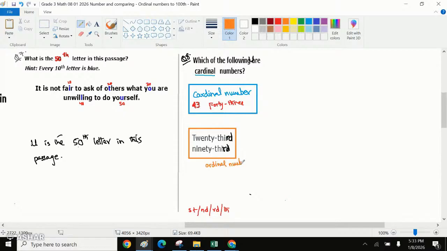Okay. We just need to find the cardinal, but we are trying to define the ordinal as well, so that we have a better idea between the numbers which are cardinal and which would be ordinal. Okay. Moving on to the next question.